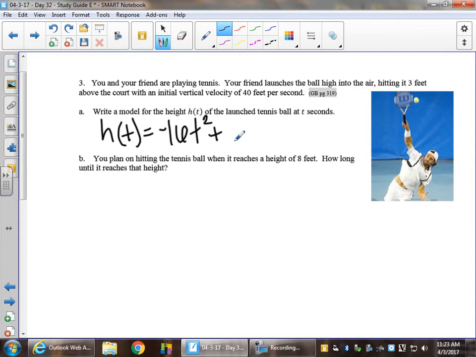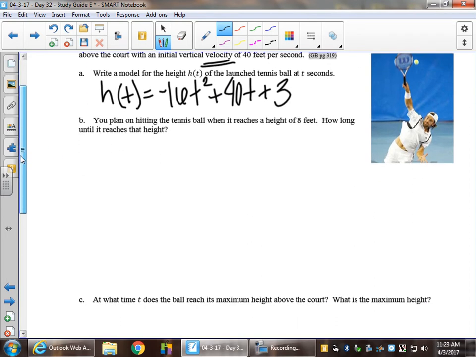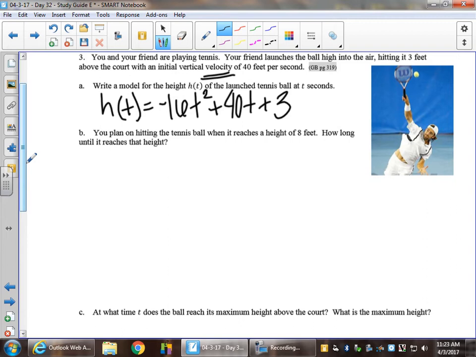Well, what is V naught in the problem? 40, so 40T, plus H naught, which is 3. Yes. Good job. Does everyone understand how she got this? It's a velocity problem, and you are all familiar with the velocity model. So we know how to set it up.